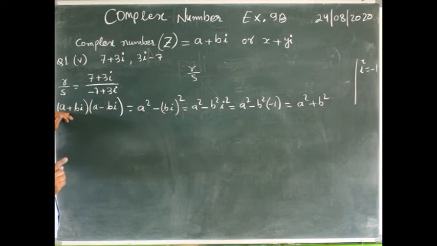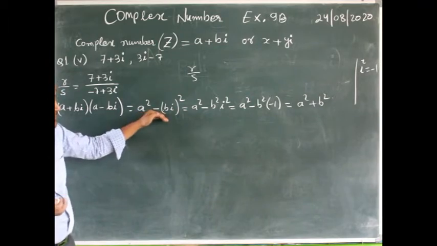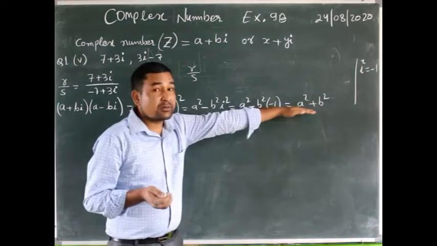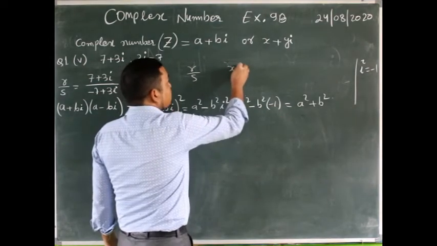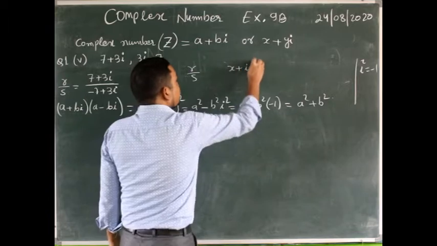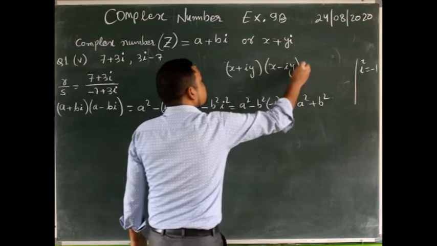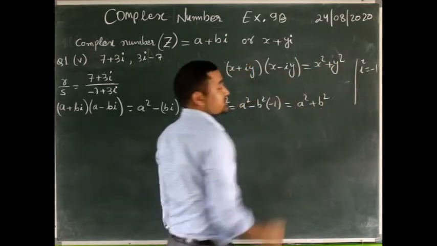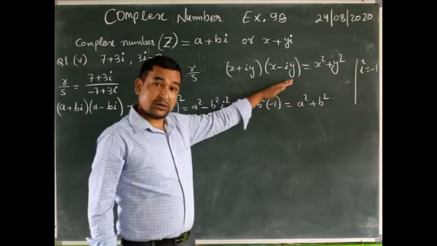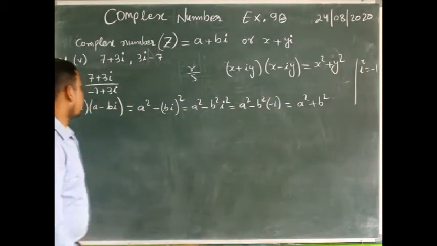That means x plus iy multiplied by x minus iy equals x square plus y square, according to this formula.